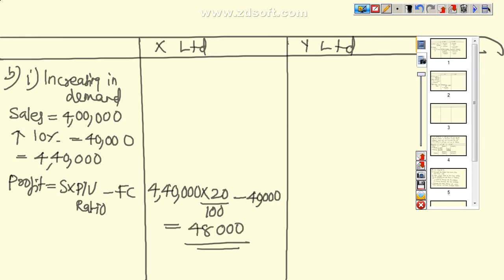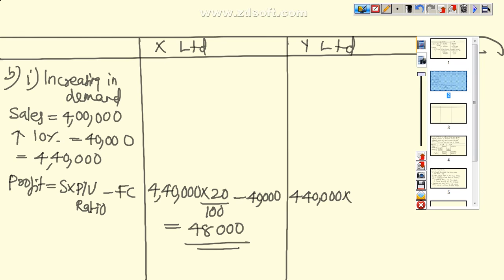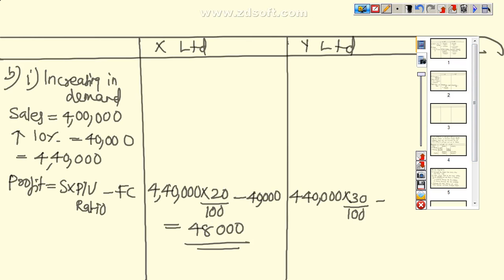And in case of Y Limited, 4,40,000 multiplied by PV ratio of 30 upon 100 minus fixed cost of 80,000, that is equal to 52,000.